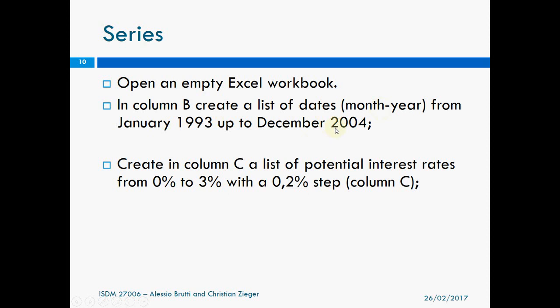And then create in column C a list of potential interest rates from 0% to 3% with a step of 0.2%.